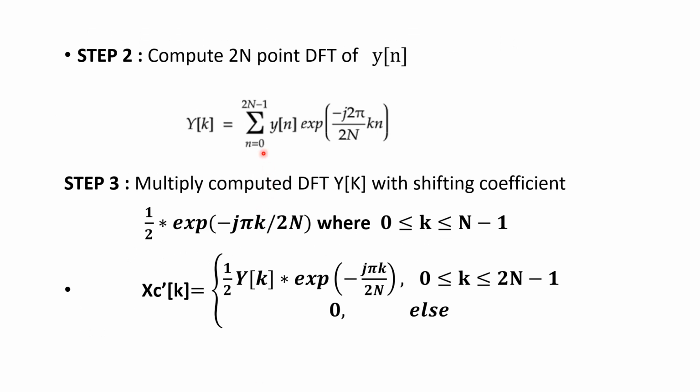In step 2, we compute the 2N-point DFT of y[n]. It is calculated by Y[k] equals summation n equals 0 to 2N-1 of y[n] times e to the power minus j 2 pi by 2N times kn. Then in step 3, we multiply the computed DFT Y[k] with the shifting coefficient, that is e to the power minus j pi k by 2N.